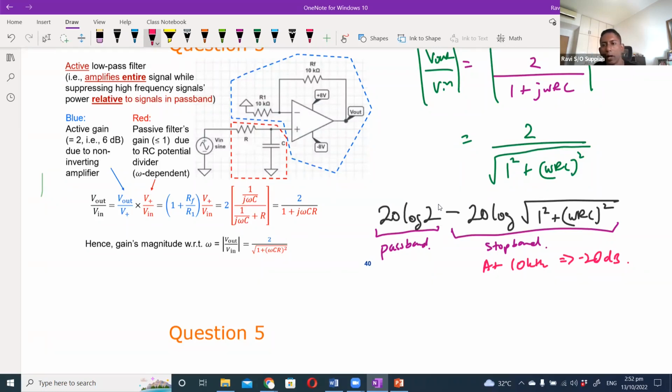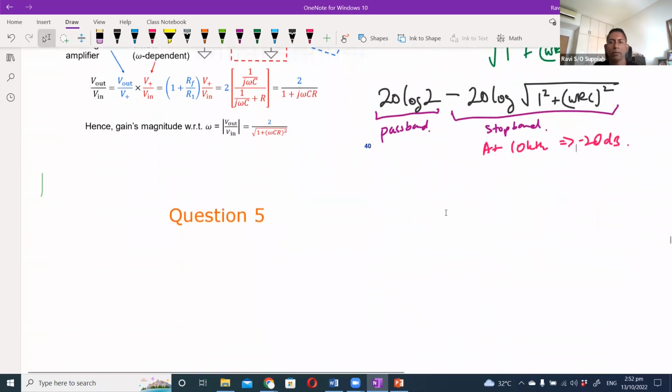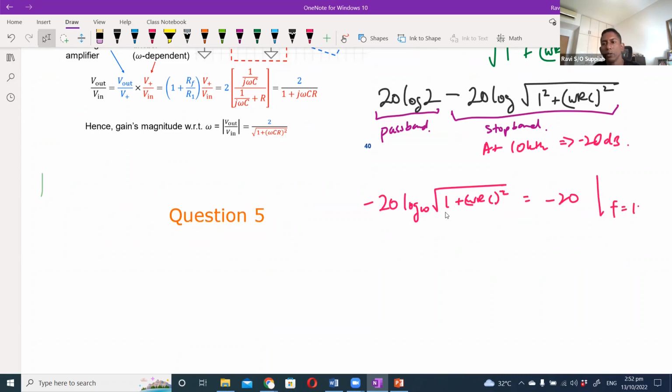So we are going to be focusing on this second half of the expression. We're going to say that minus 20 log square root of 1 plus (omega RC) squared is equal to negative 20 at f equals 10 kilohertz. This is the requirement that we have to fulfill. Once we get this, the rest is solving the maths.